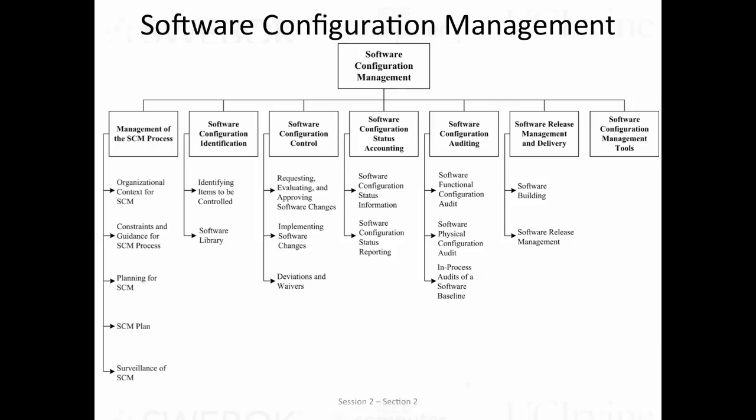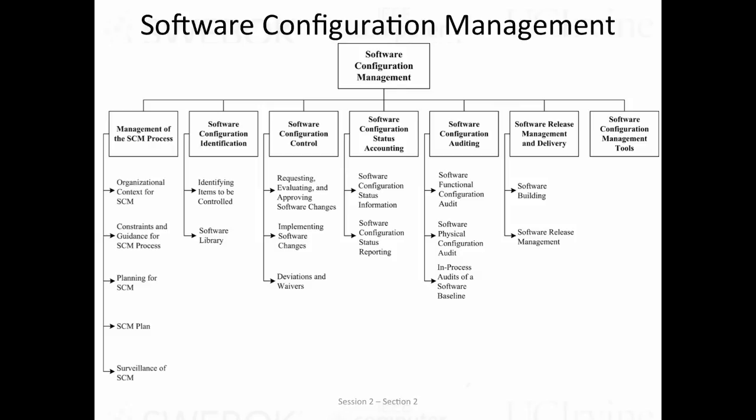Configuration of a system is the functional and physical characteristics of hardware or software, or both, as set forth in the technical documentation or achieved in a product. It can also be thought of as a collection of specific versions of hardware, firmware, software items combined according to specific build procedures to serve a particular purpose.